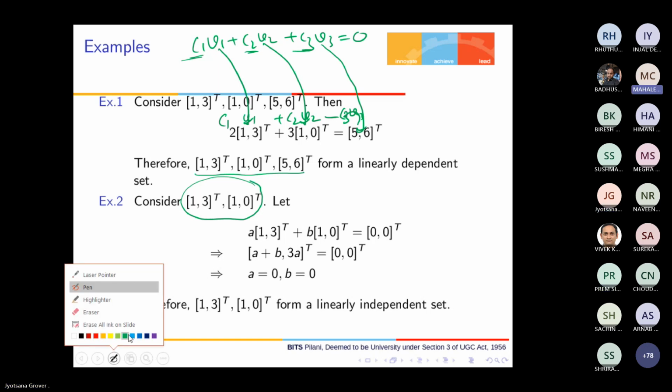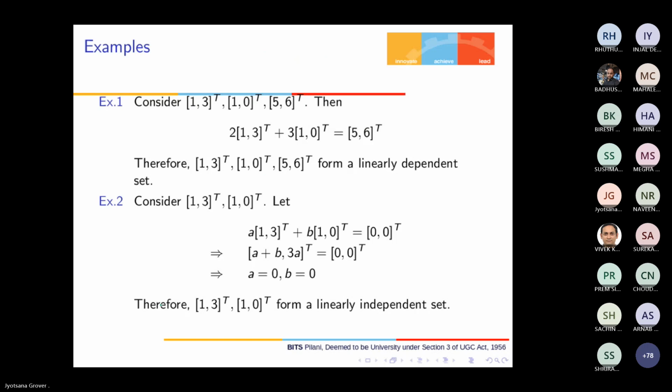Ma'am, can you repeat this once again, please? Okay, this one. So here you are being shown the linear combination of these three vectors.